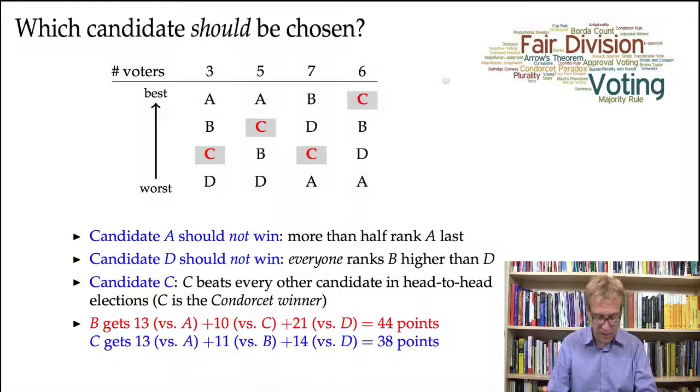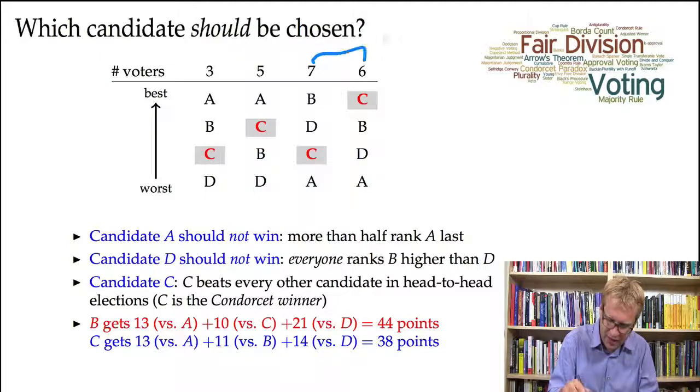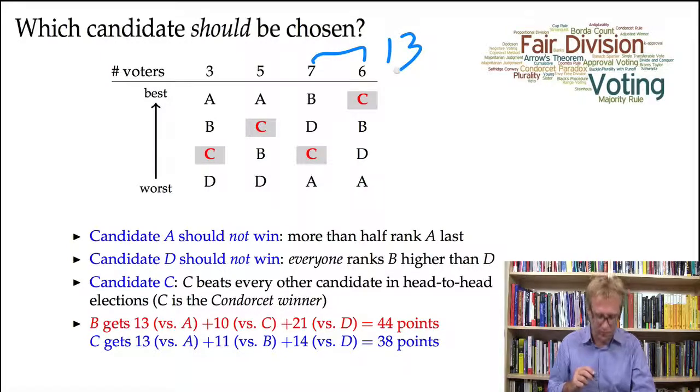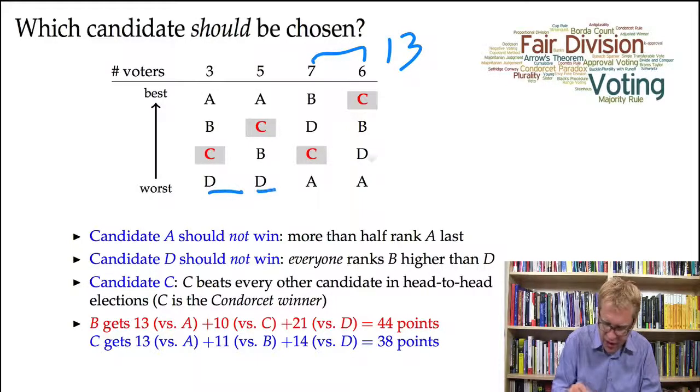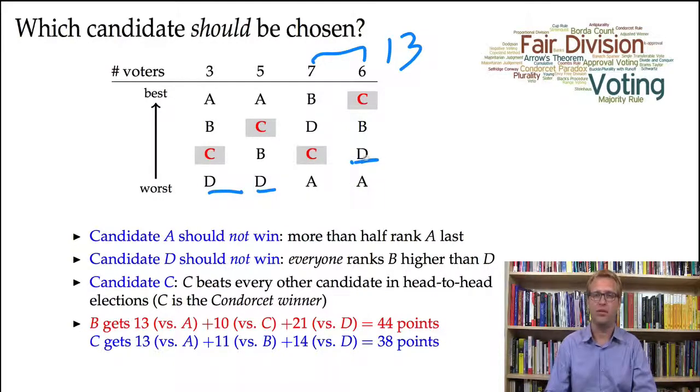Now, what about Charles? Well, we can do a similar calculation for Charles. When Charles goes head-to-head against Ann, we see that he gets 13 votes. Against Bob, we mentioned before, he gets 11 votes. And against Dora, we see that Charles ends up with 14 points.